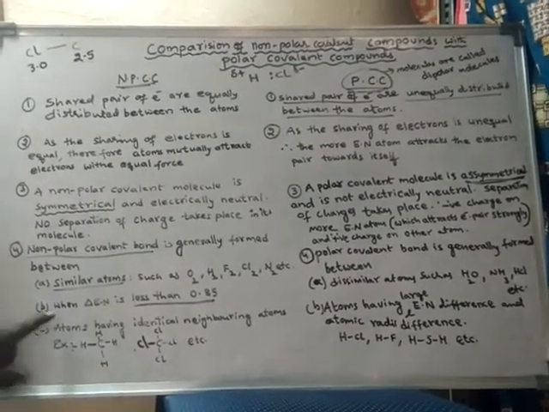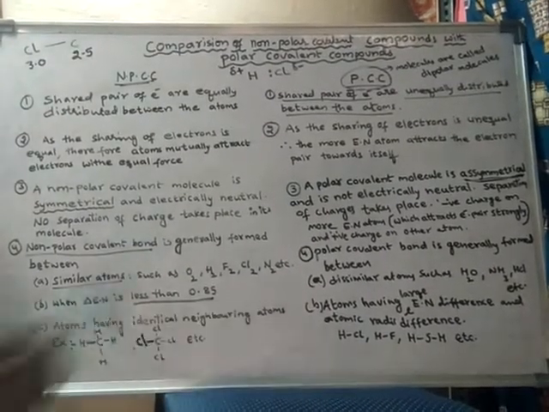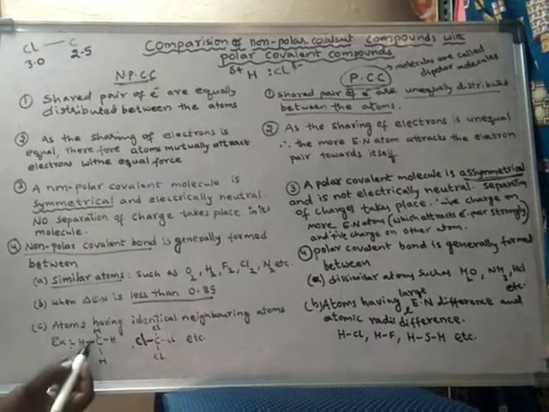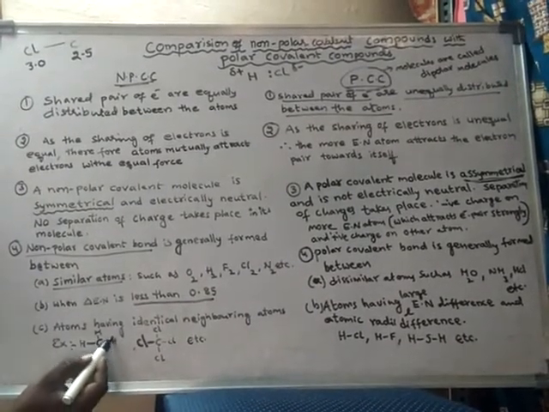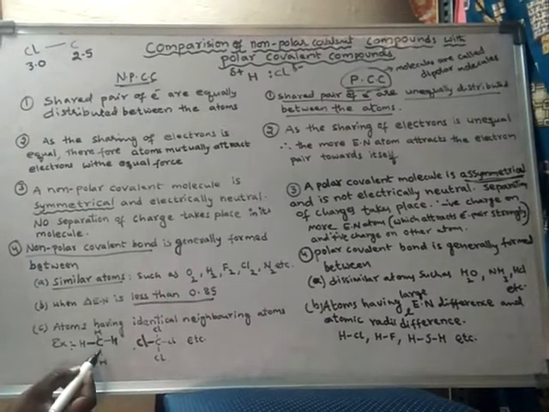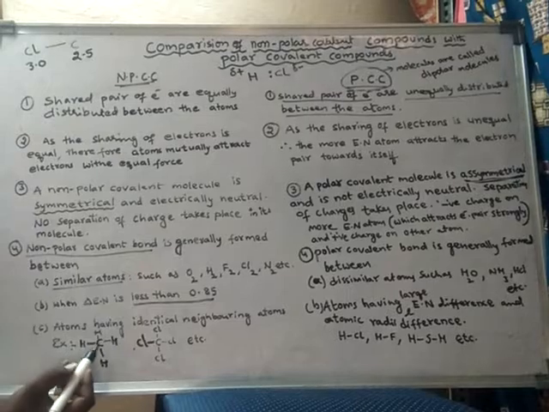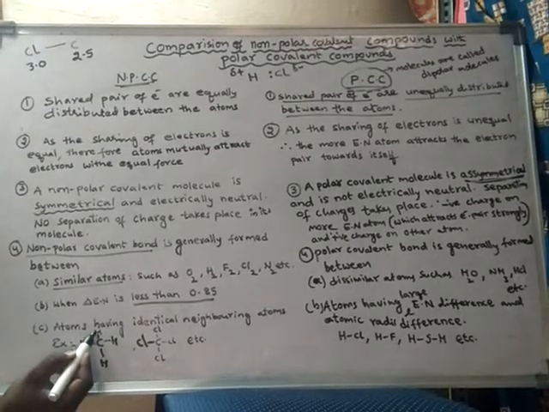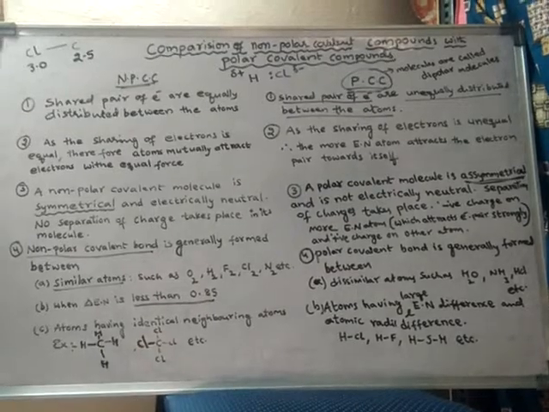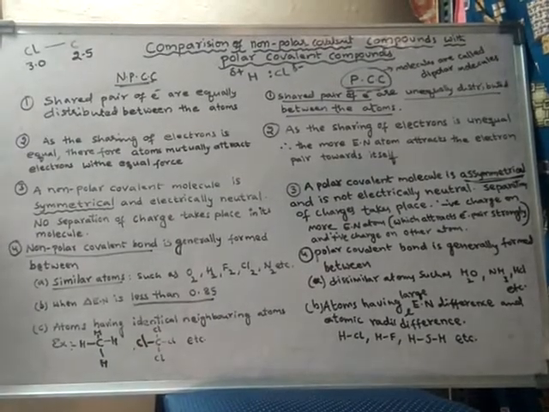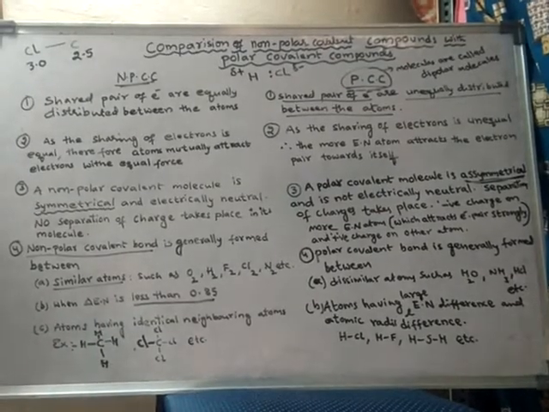And also, in the same way, atoms having identical neighboring atoms. See this carbon, its neighboring atom is this hydrogen, and even this hydrogen is also a neighboring atom. So in this compound, carbon has 4 neighboring atoms, and all these neighboring atoms are identical.